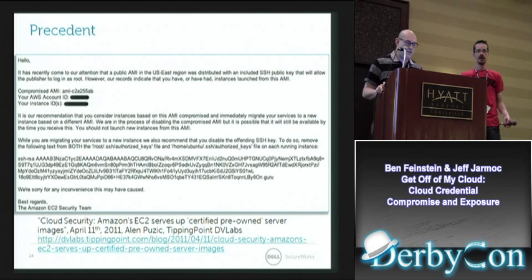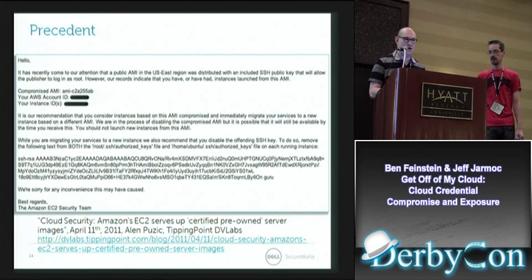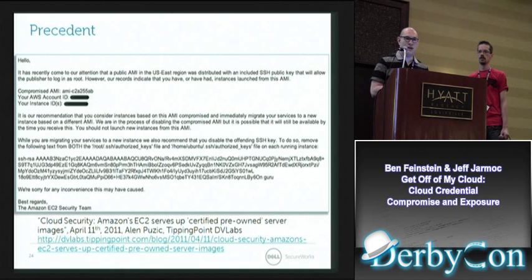Another thing that popped up back in April was on the TippingPoint DVLabs blog, where they published a letter that Amazon's security team sent out to some of the users. It turns out that a user going by the name Guru published a machine image, released it publicly, but he had baked his own authorized key into the image. Amazon was notified, and they found quite a few organizations were running their infrastructure using this machine image.